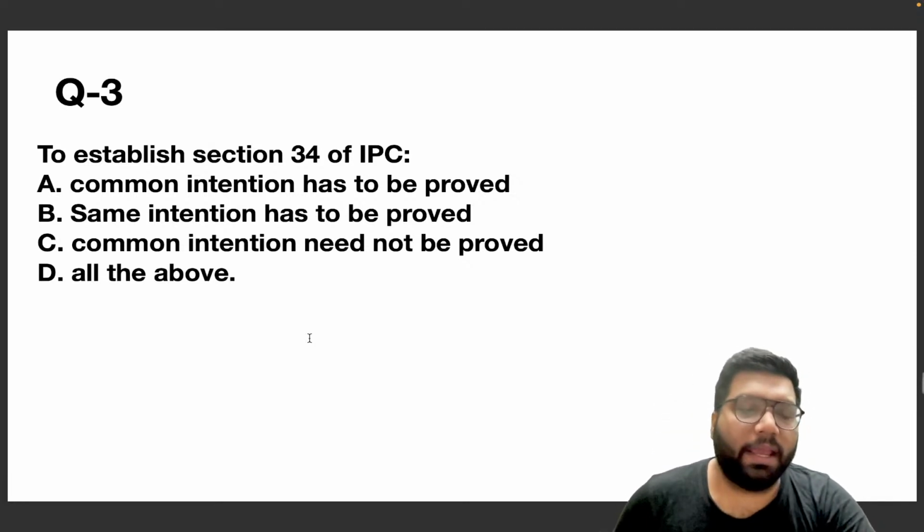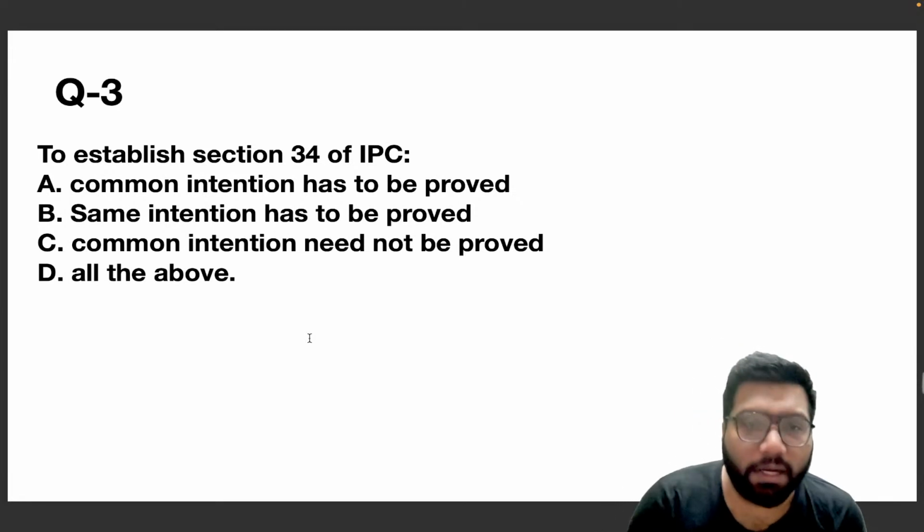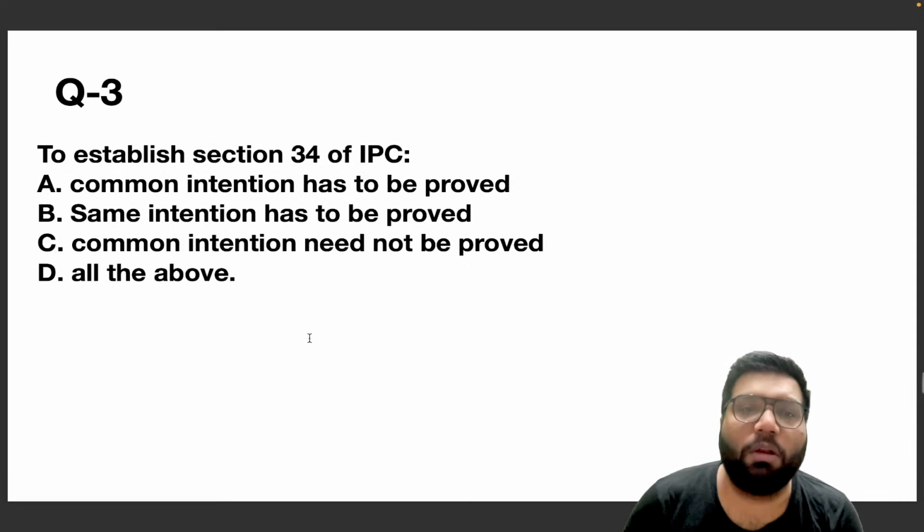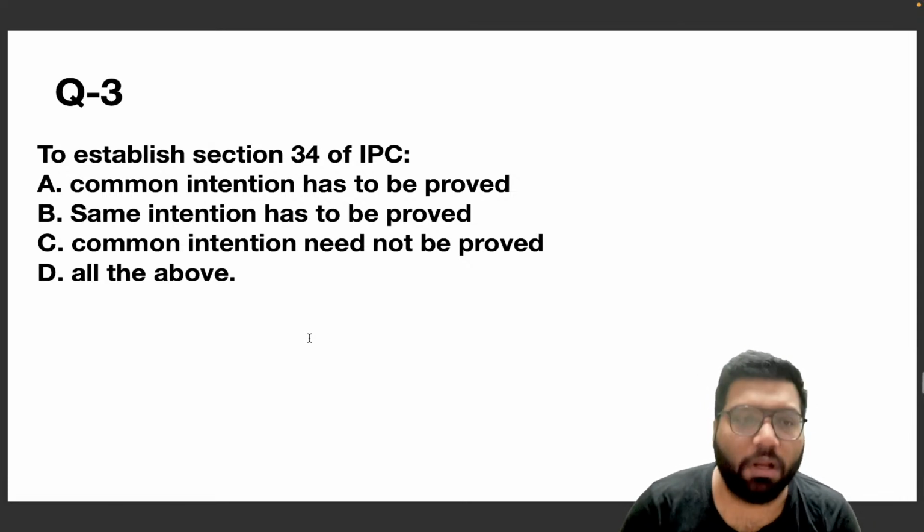Yes, A is the correct answer, that is common intention, which needs to be proved. So basically, common intention is one of the essentials of section 34.